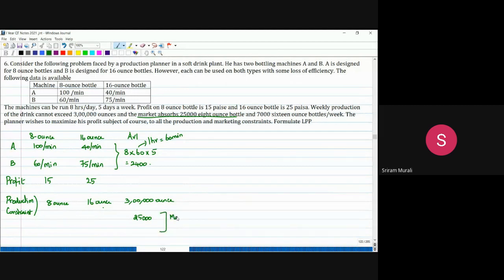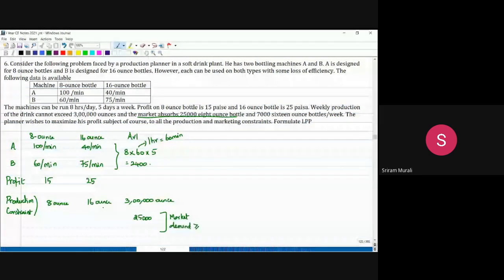Market demand is always given in this symbol, and availability always in this symbol. These two are availability; this is market demand. For 16 ounce bottles, it will absorb 7,000 minimum. So this is what is given to us.